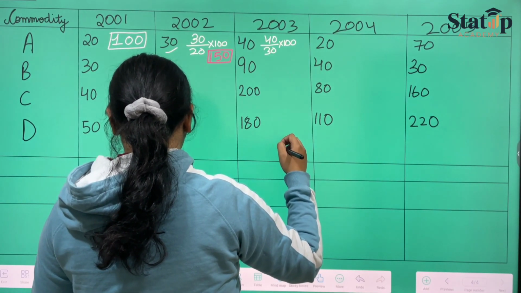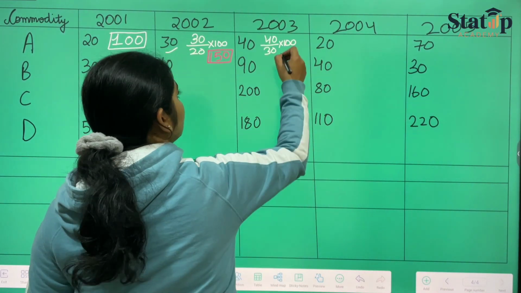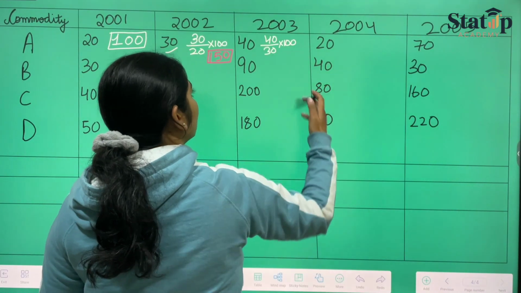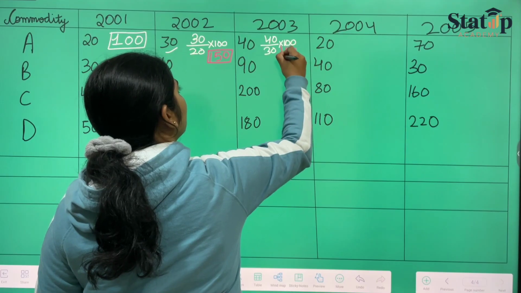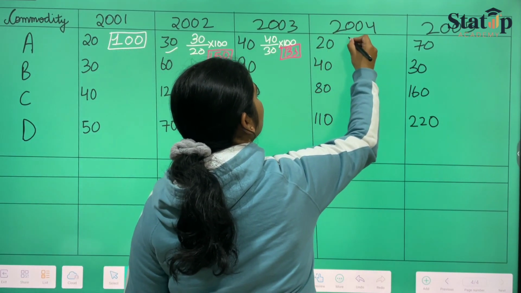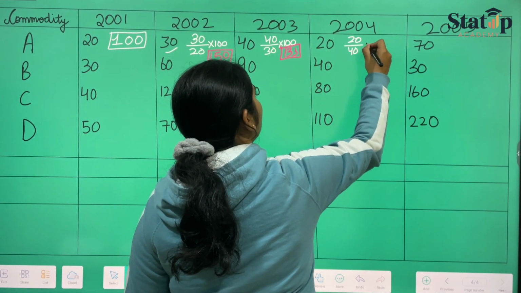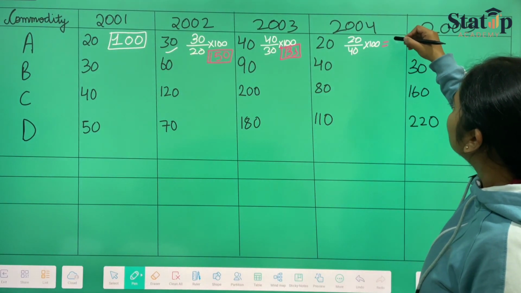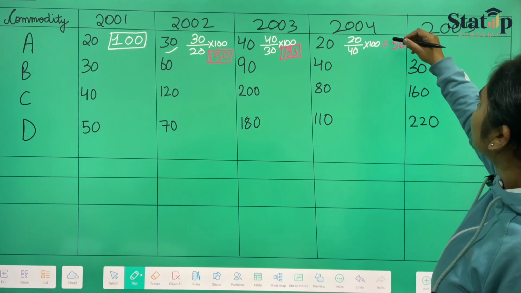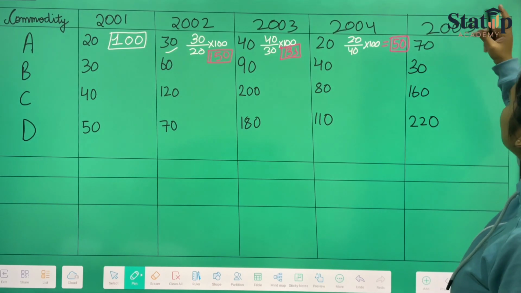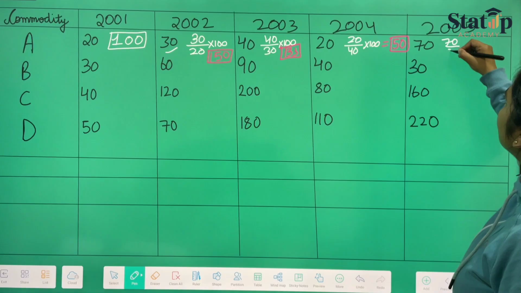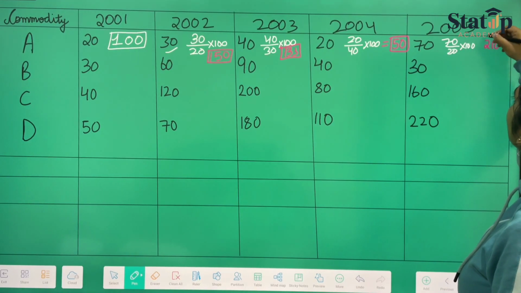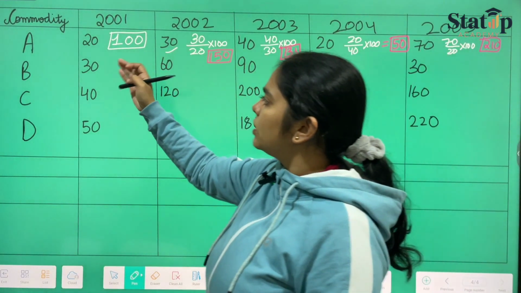We'll not take the values after the decimal point. If we take 20 upon 40 into 100, we get 50. And if we take 70 upon 20 into 100, we get 210.